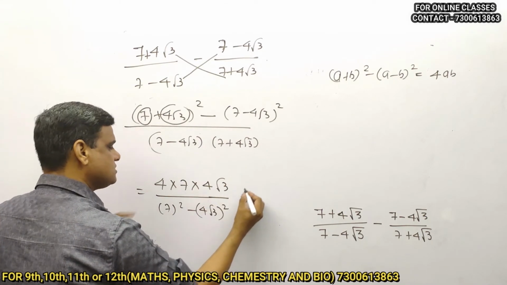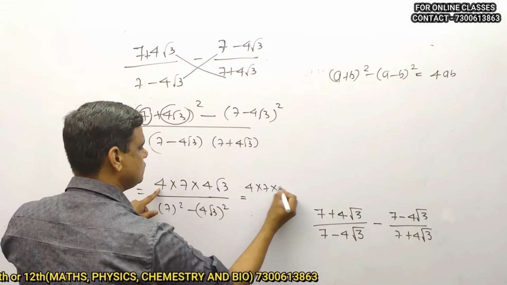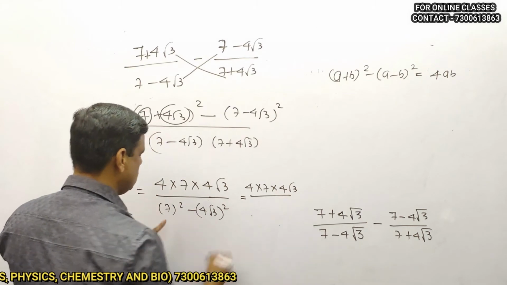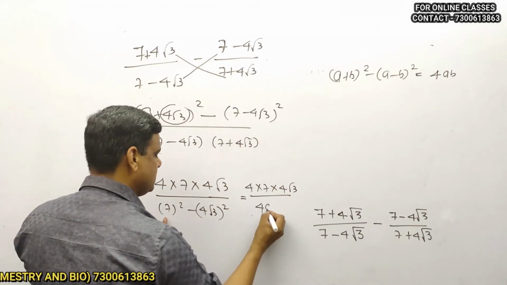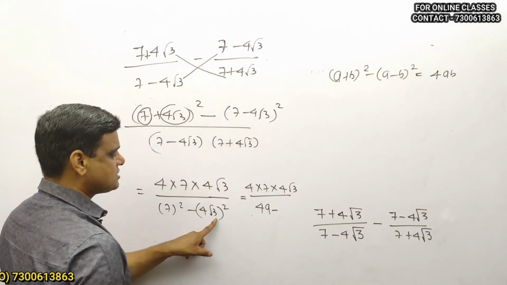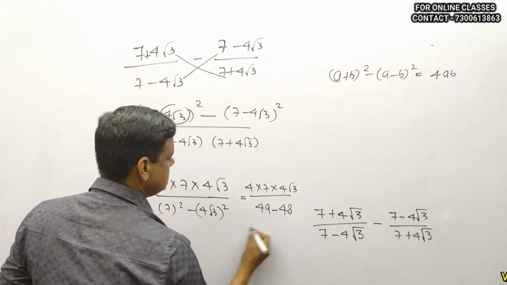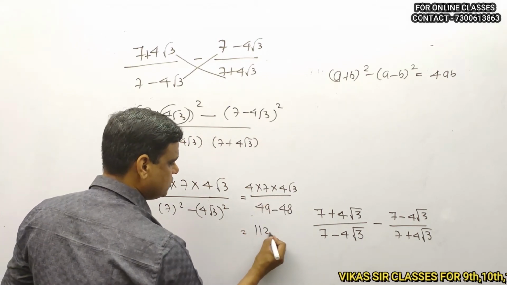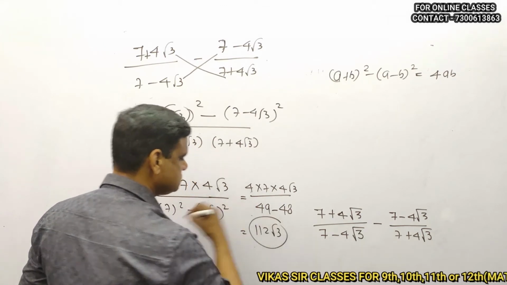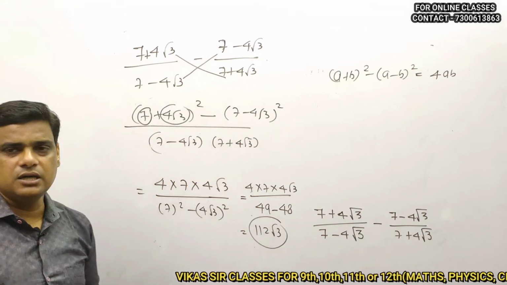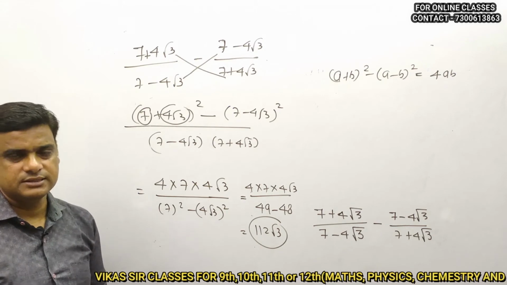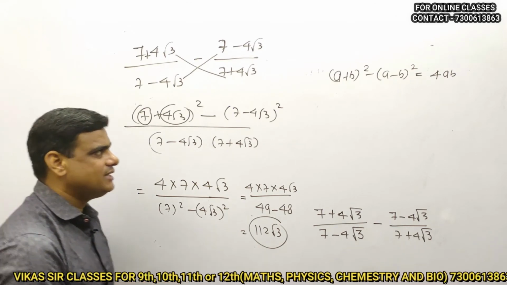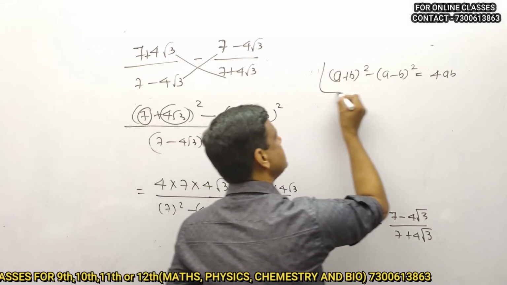Okay. So your answer is 4 into 7 into 4 into root 3 upon 7 square, which is 49, minus 4 square, 16 into 3, 48. So your answer is what? 7 fours are 28, 28 fours are 112 root 3. So your answer is 112 root 3. Is that done? So the only thing which is required is these two formulas.